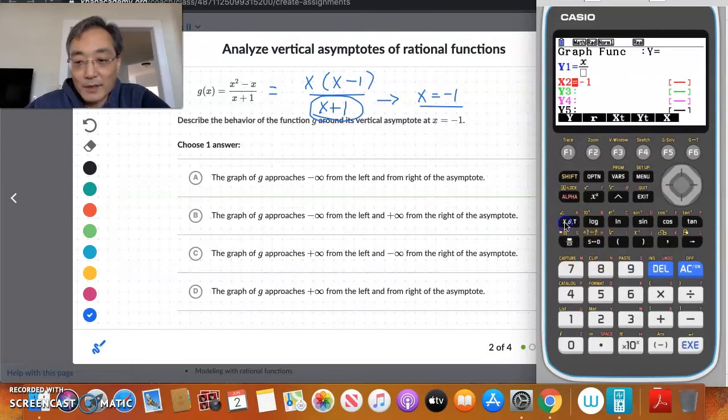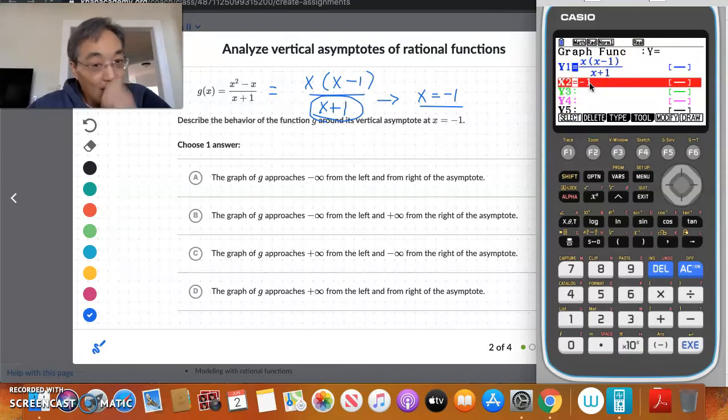So it's going to be x times x minus 1, close it up, over x plus 1. Okay, so again, we have our correct function. Y is equal to x times x minus 1 over x plus 1. And then x is equal to negative 1. Again, you could have written this as x squared minus x, but I just wrote it in factored form.